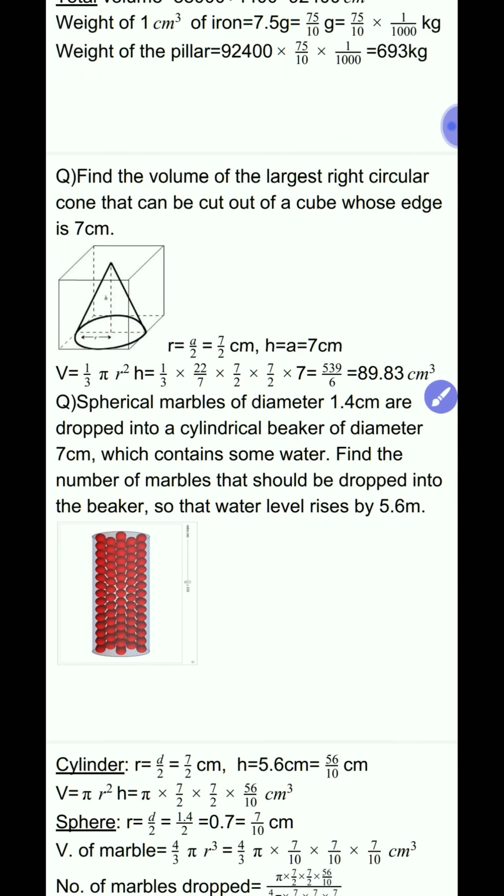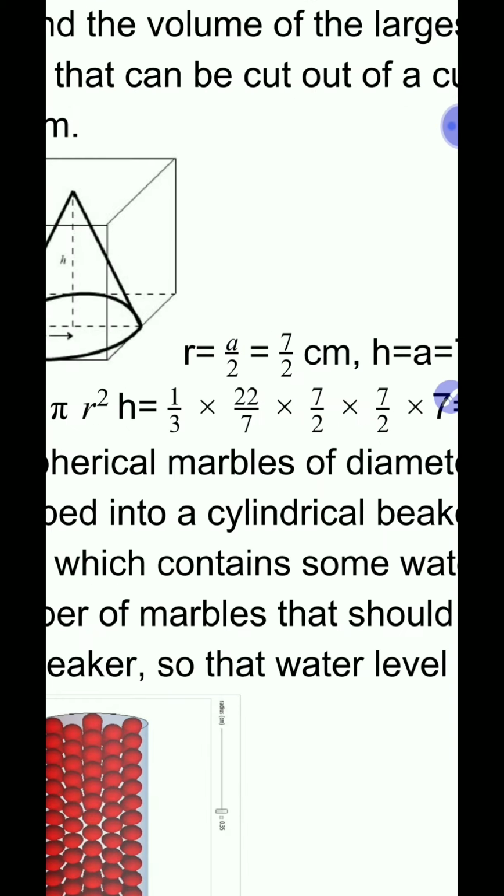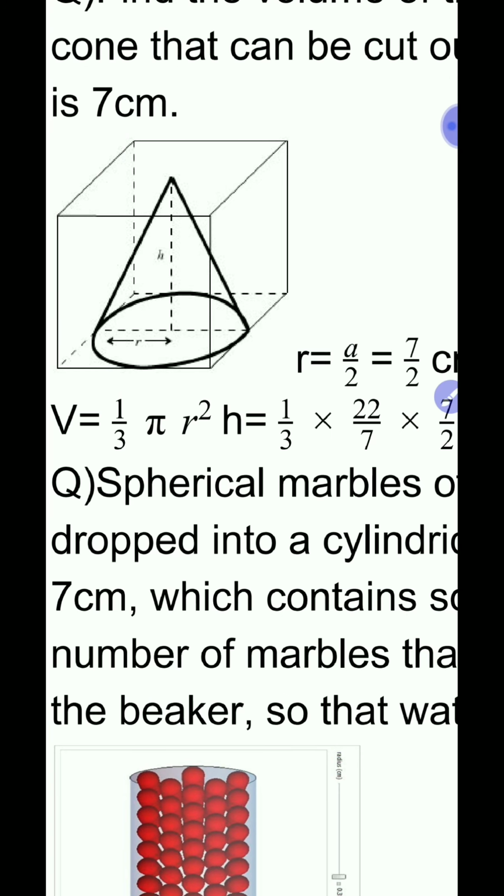Find the volume of the largest right circular cone that can be cut out of a cube whose edge is 7 centimeters. In this question, the side of the cube a is 7.